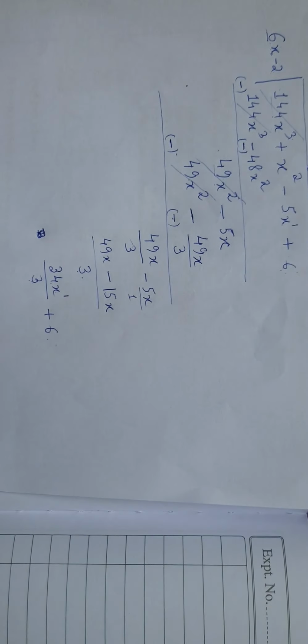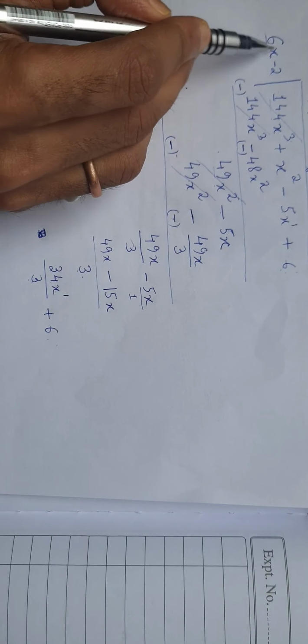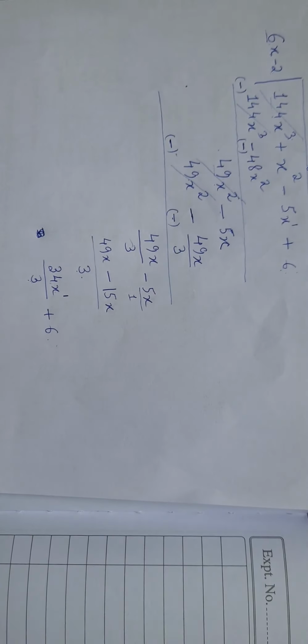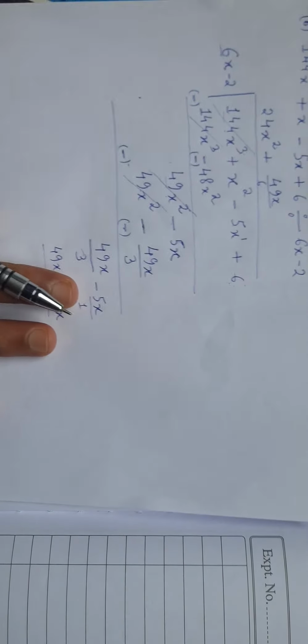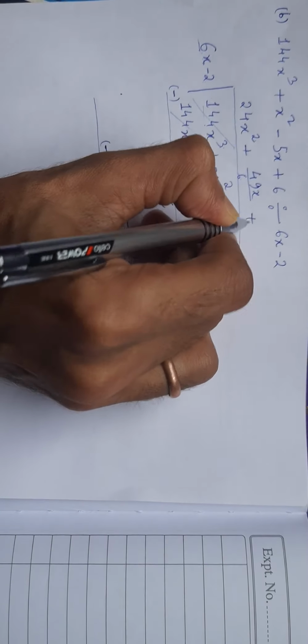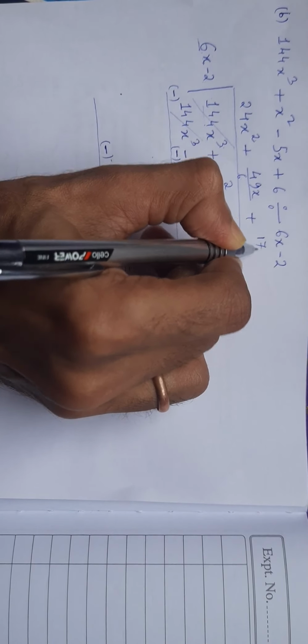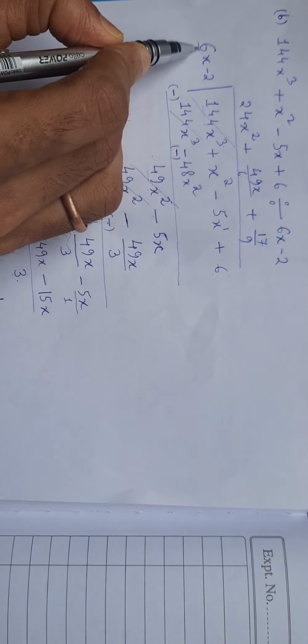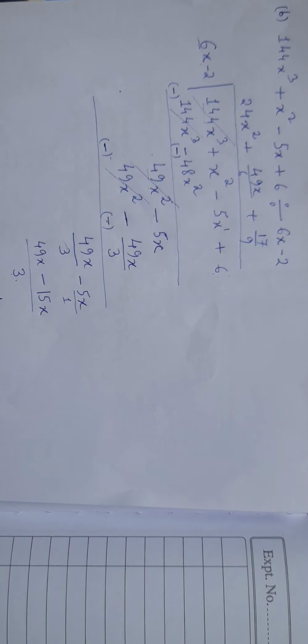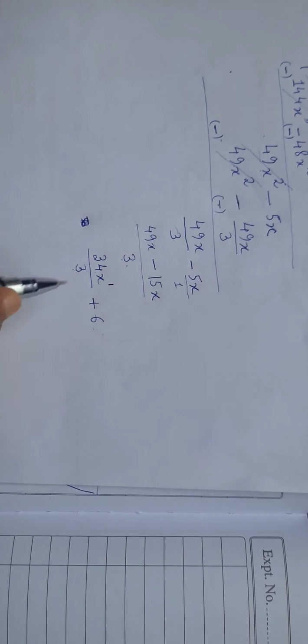Once again we'll find that 34 is not a multiple of 6. So what we can do, we can multiply plus 17 by 9 with 6x, which will give 34x by 3.